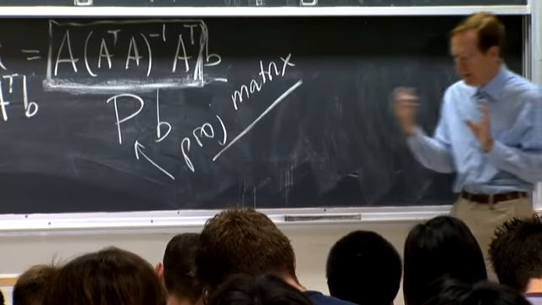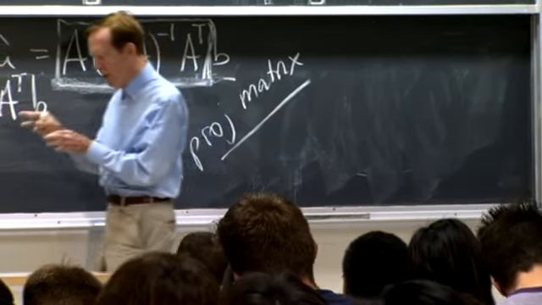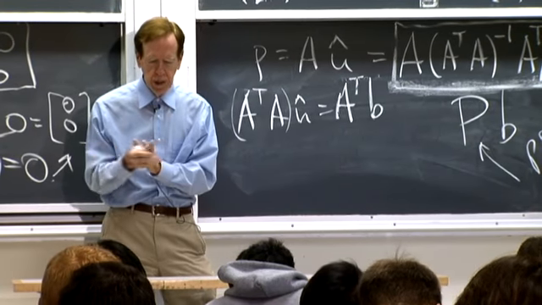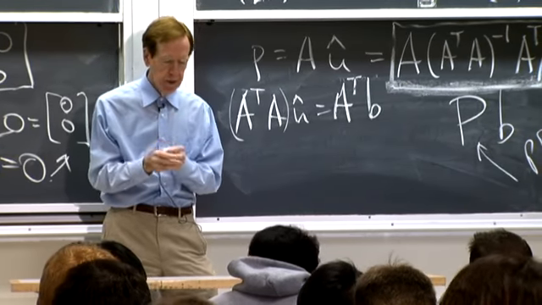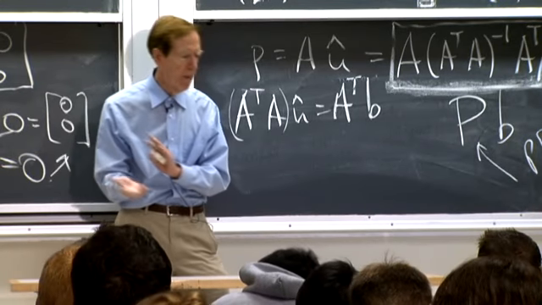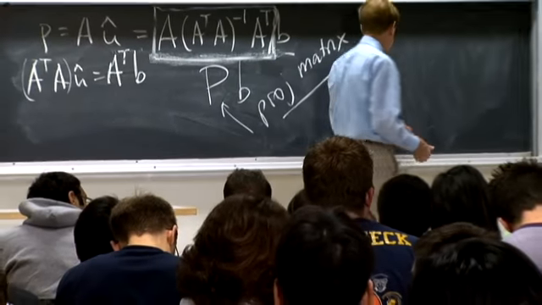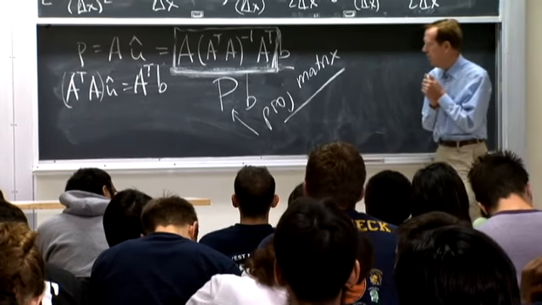Linear algebra is just full of these different kinds of matrices: rotations, reflections, symmetric matrices, Markov matrices. It's just every problem has matrices. Now here we have a projection matrix.